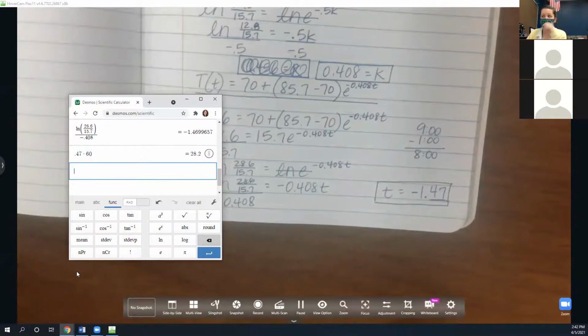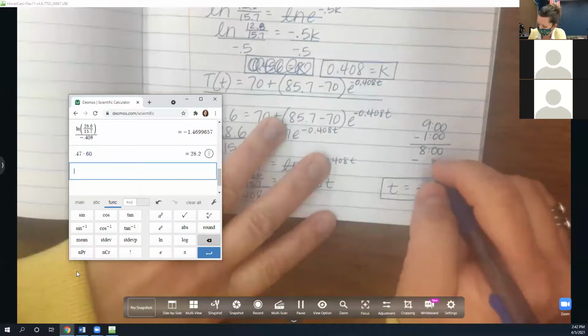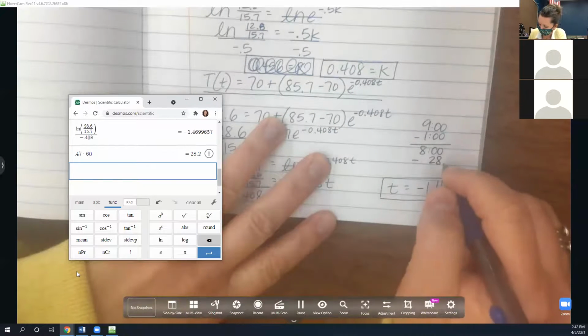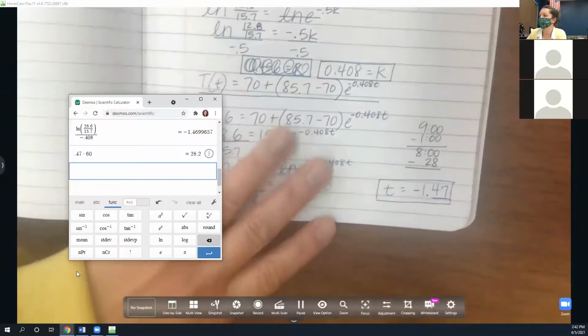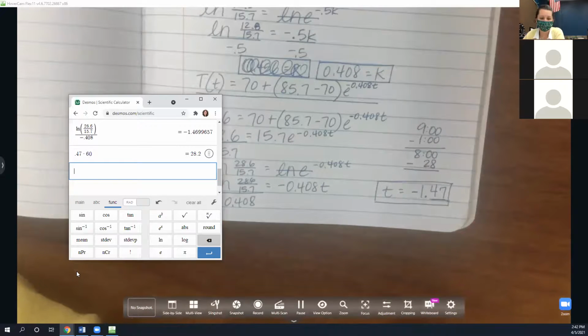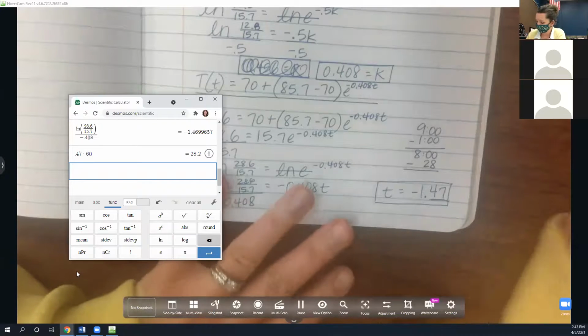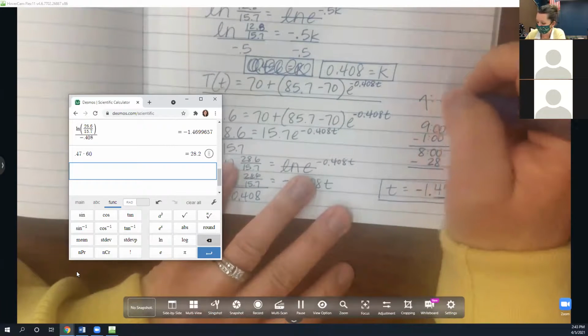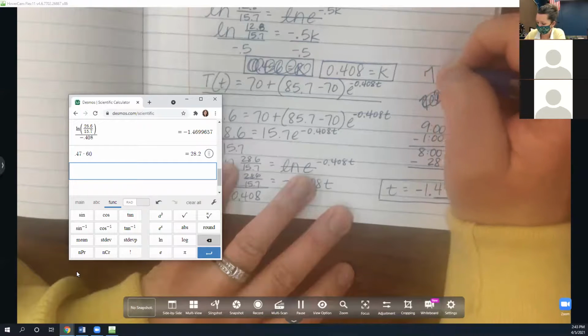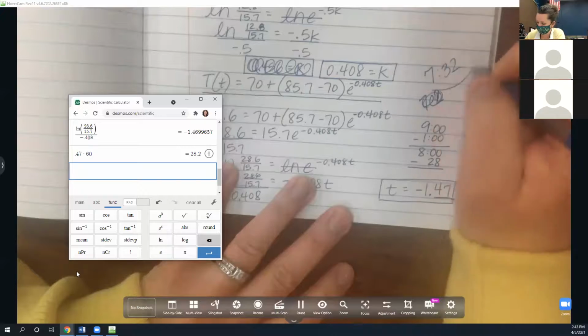It's 28.2 minutes before 8 o'clock. So what is that number? So our approximate time of passing is 7:32.